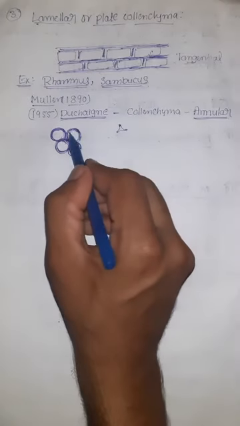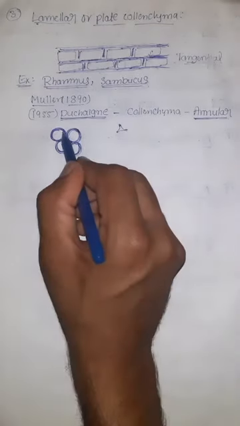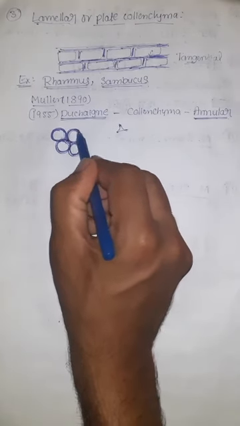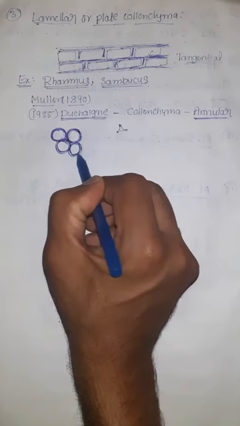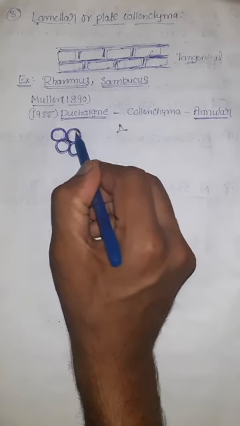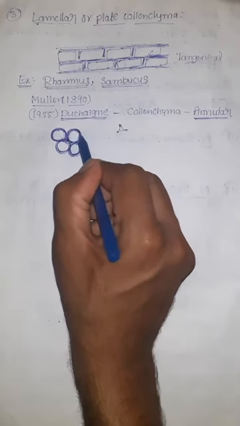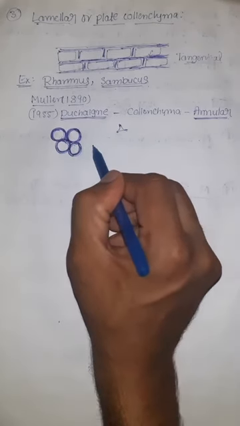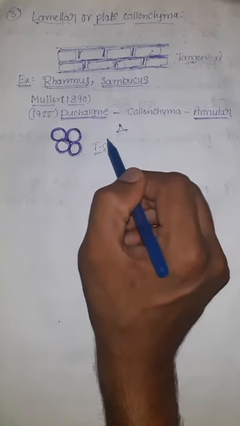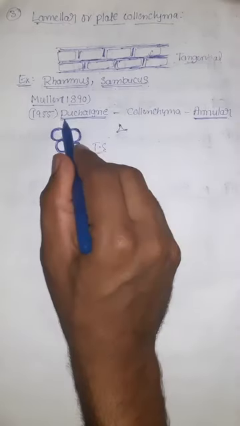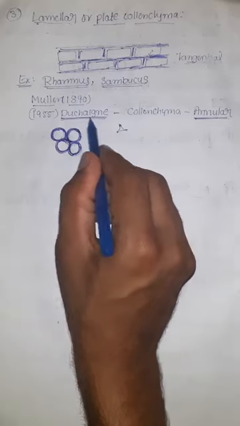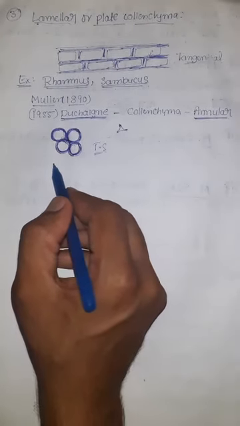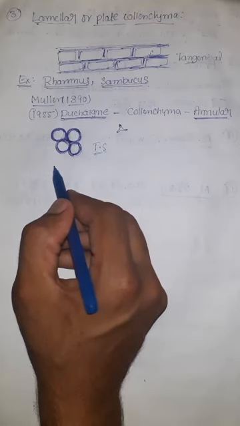But here in the annular type, the pectic wall material is deposited throughout the wall surface, throughout the cell wall. That's why it appears like a circular ring in the transverse section. Okay, this is one more type discovered by Duchaine. These are the types of collenchyma tissues.